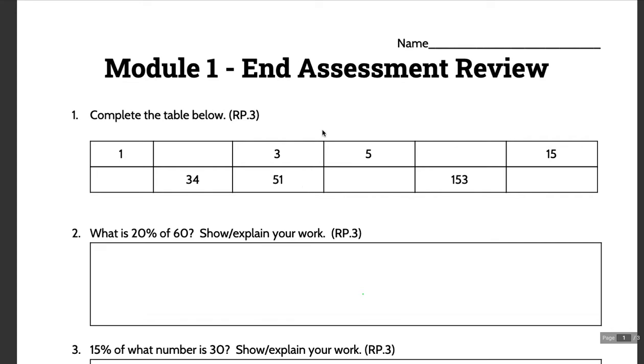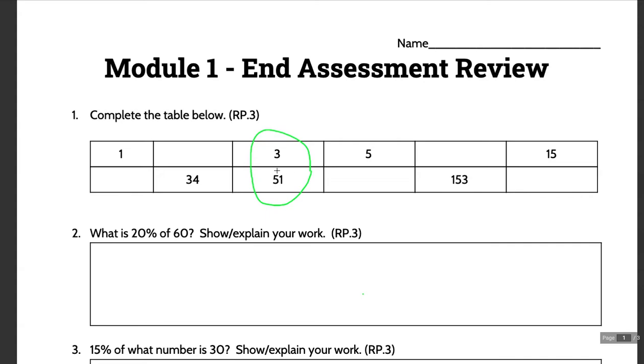So number 1, complete the table below. Here we have a table and it has missing values. What we first need to do is find a pair. There's only one pair here, the 3 and the 51.